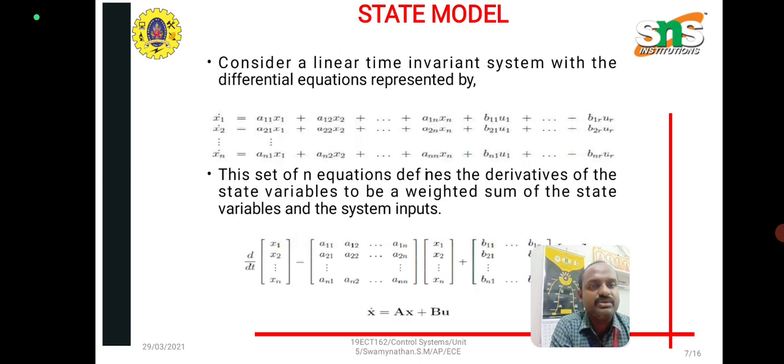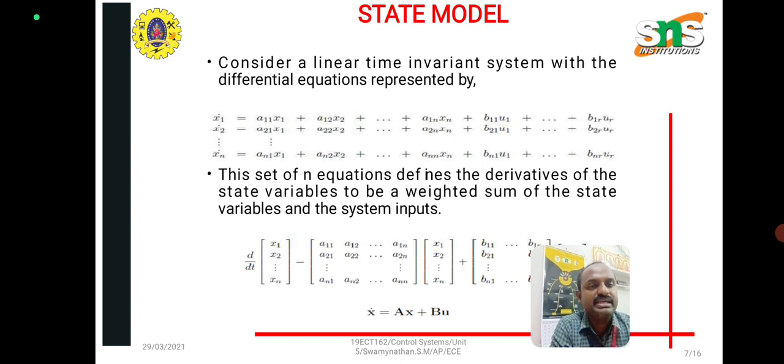Consider this equation: x1' equals a11 x1 plus a12 up to b1, and so on up to xn. You differentiate d by dt in terms of x1 to xn. So x1' means dx1 by dt, and you can make it equal to a11 to a1n, and so on up to amn.